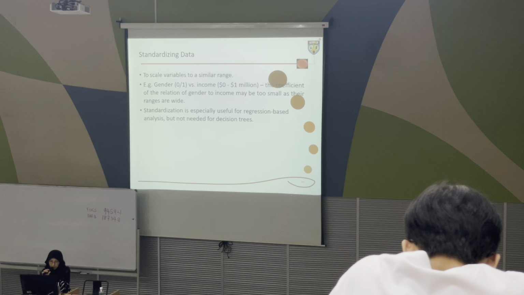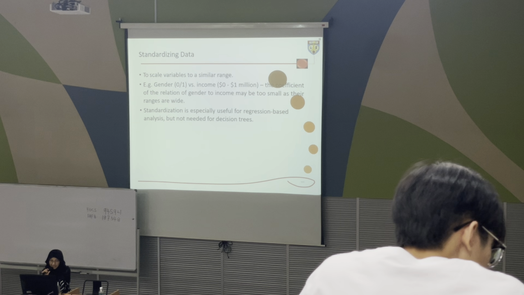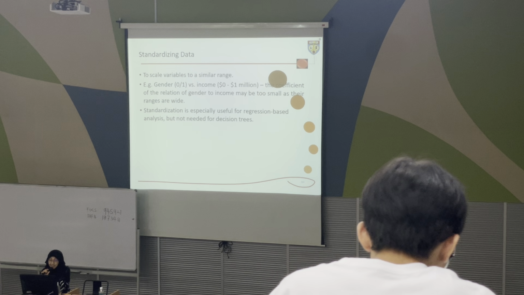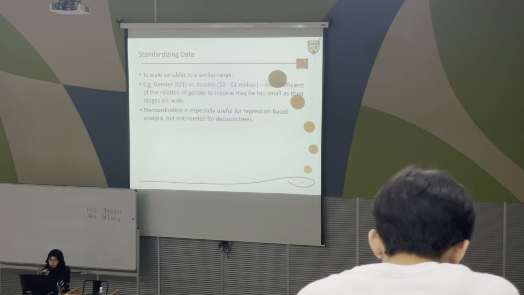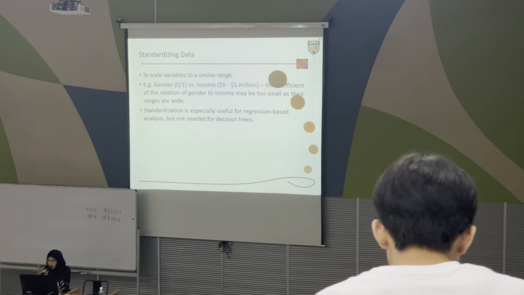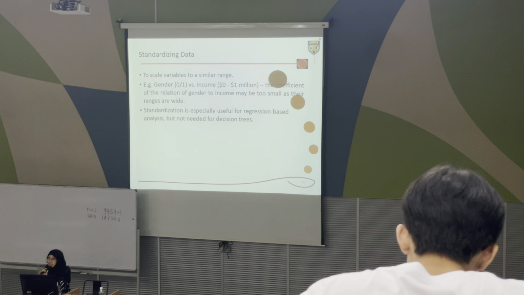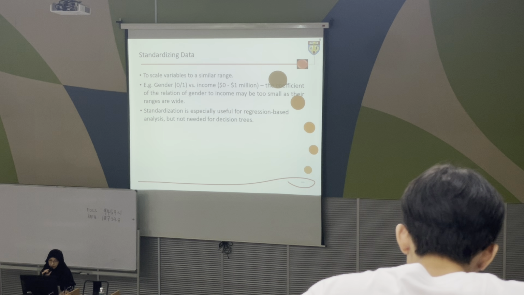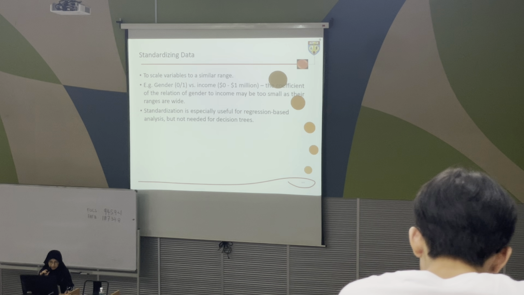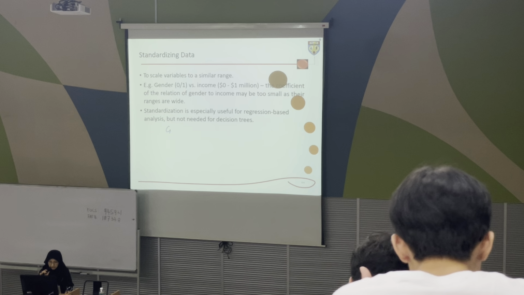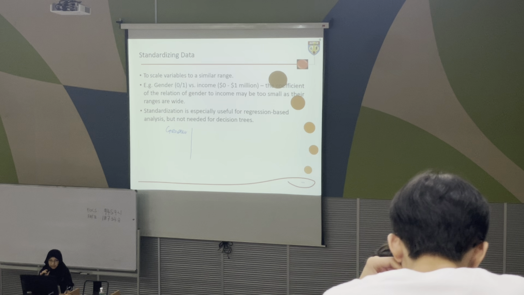Okay, and then the next one is standardizing data. Standardizing data means you want to scale your features or variables so that they fall into a similar range. For example, assuming you have a multivariate data set with gender, age, and income.